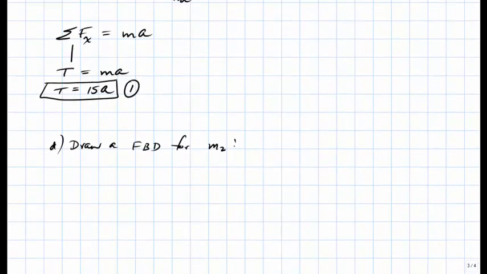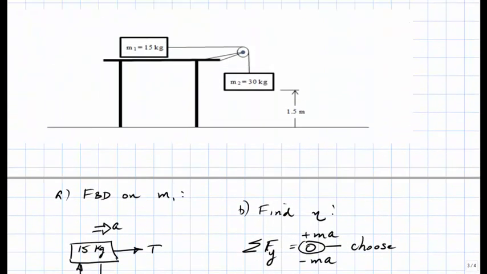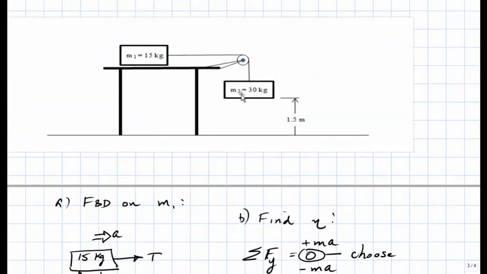In part D, we will draw a free body diagram for M2. Let's take a look at M2. M2 is the suspended mass, and the first thing that we note is the fact that it has weight. Any object with a mass always has weight. That's because the Earth is tugging down on this object. Let's represent the weight.